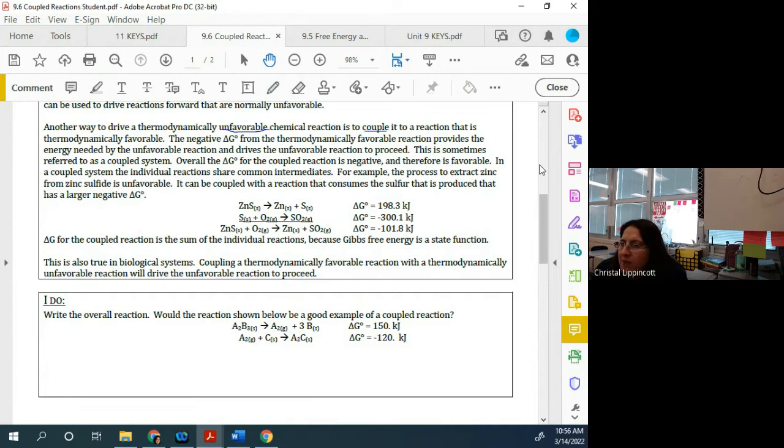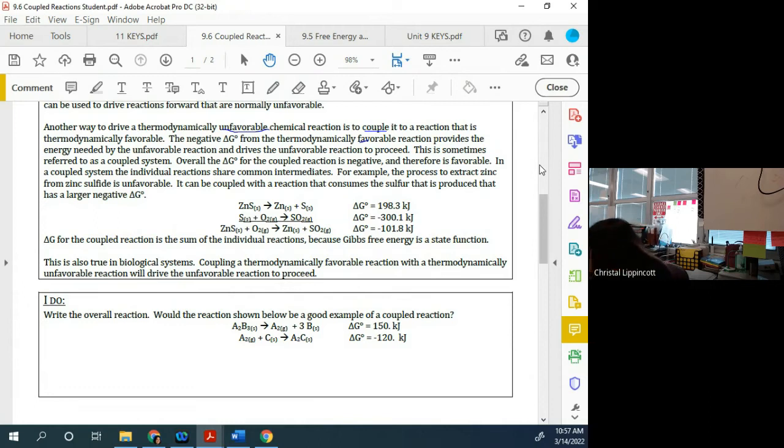So the negative delta G from the thermodynamically favorable reaction provides the energy needed by the unfavorable reaction. So the delta G of the favorable one has to be larger and opposite in sign than the unfavorable one. So this has to be bigger, but opposite in sign.